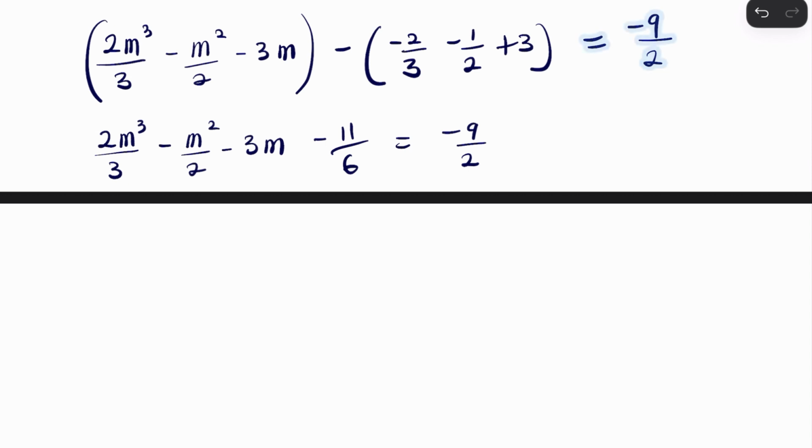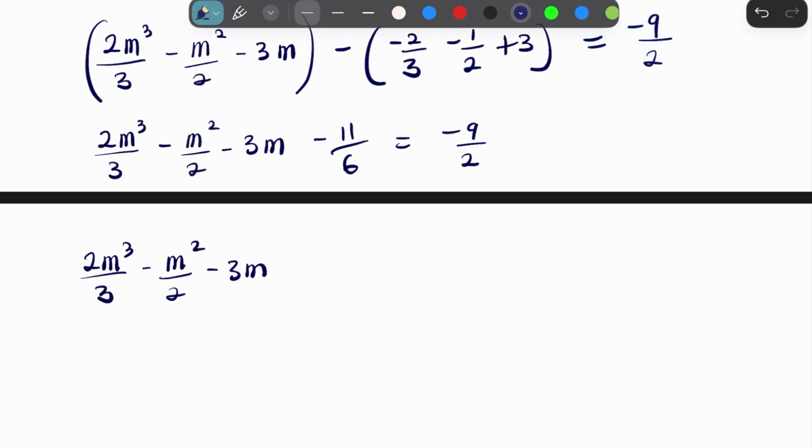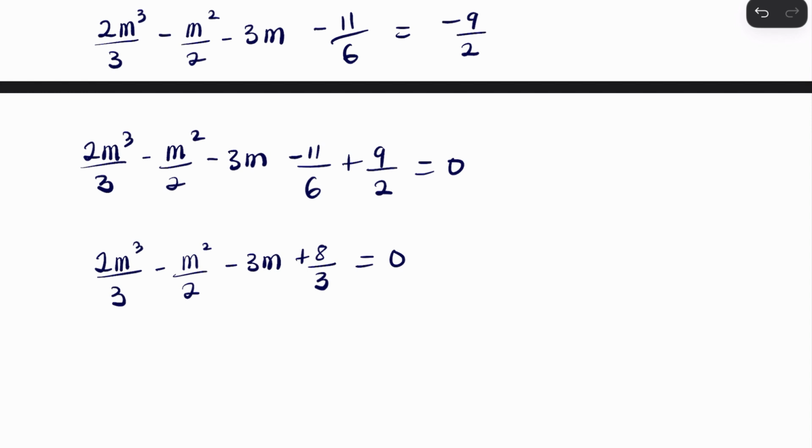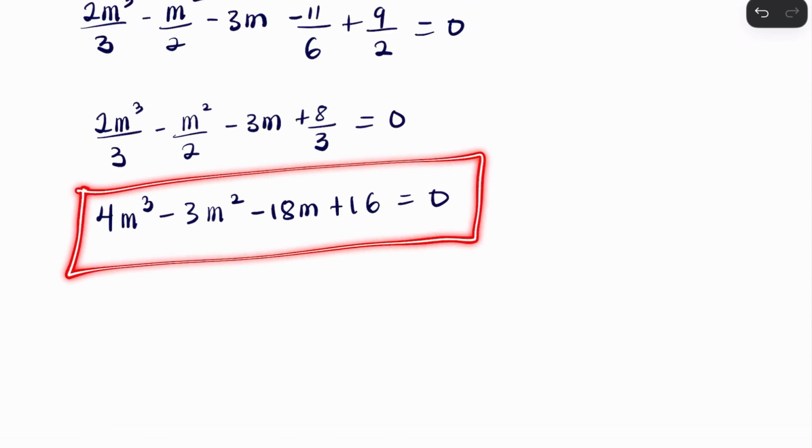We move this to the left hand side, so that will be 2m³/3 - m²/2 - 3m - 11/6 + 9/2 = 0. Let's first get rid of the fractions, so we multiply through by 6. We have 4m³ - 3m² - 18m + 16 = 0.